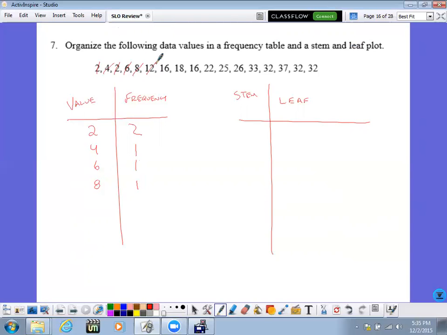A 12 happens 1 time. 16 happens twice. 18 happens once. 22 happens once. 25 happens once. 26 once. 32 happens 1, 2, 3 times. 33 one time. And 37 one time.